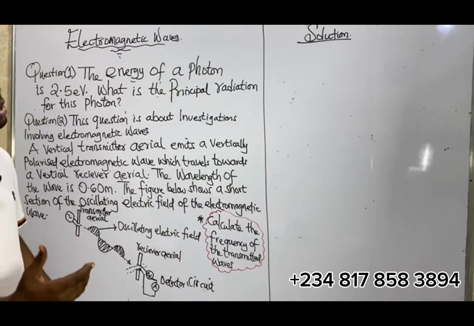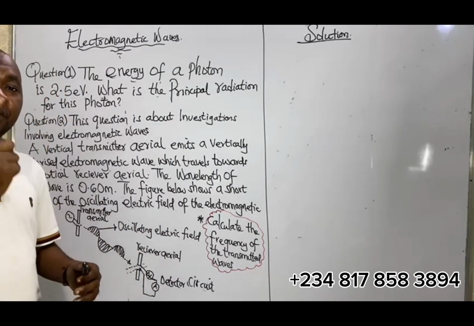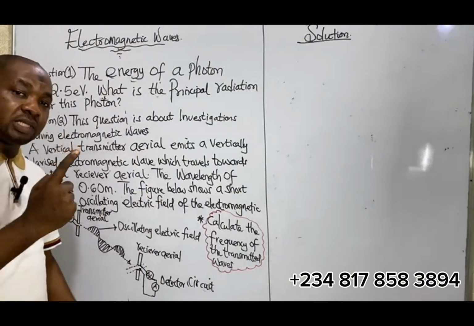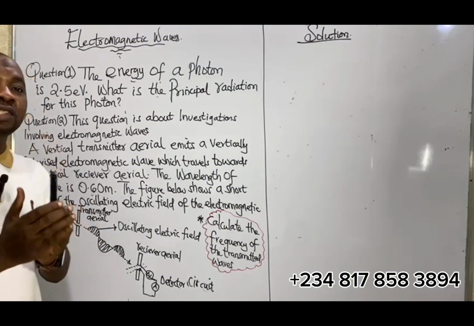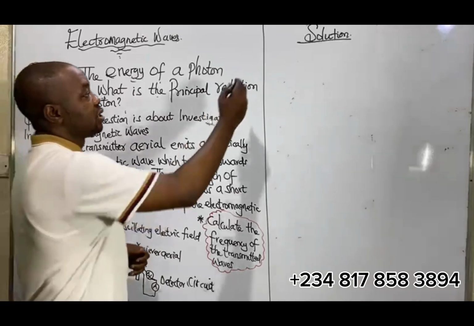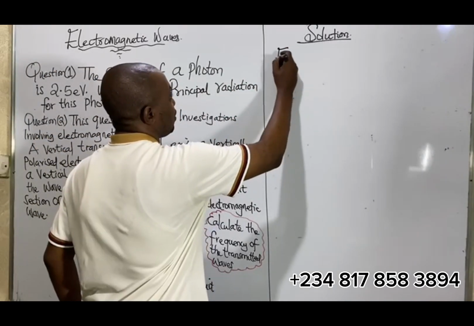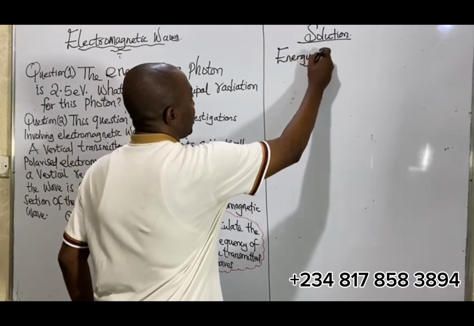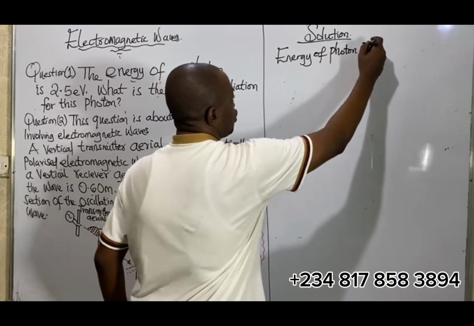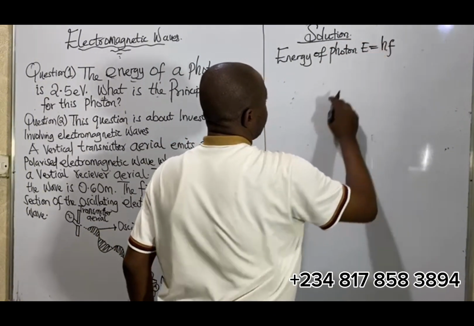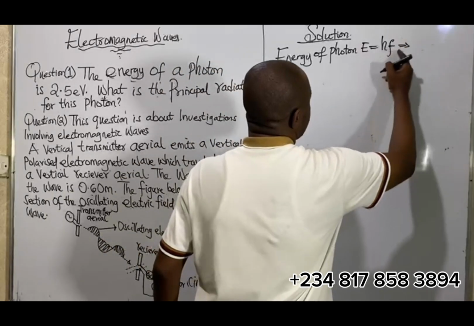So we can write the energy equation for a single frequency of light, the energy of a photon: E equals hf.